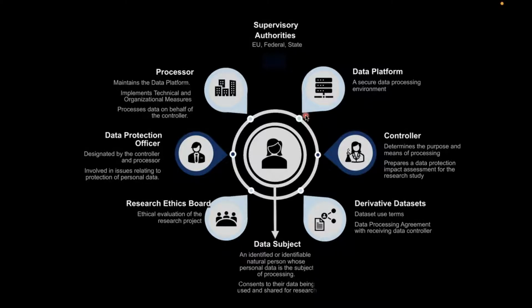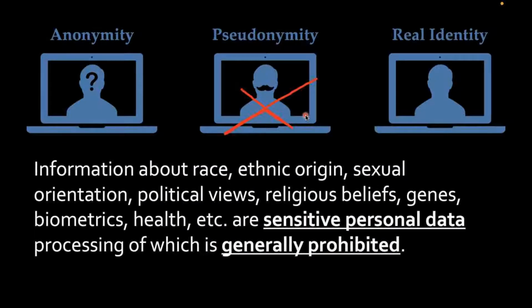So there are different supervisory authorities in the EU, but also on a national level, data protection officers or federal data protection entities that ensure that the processing of data in the jurisdiction follows these processes.